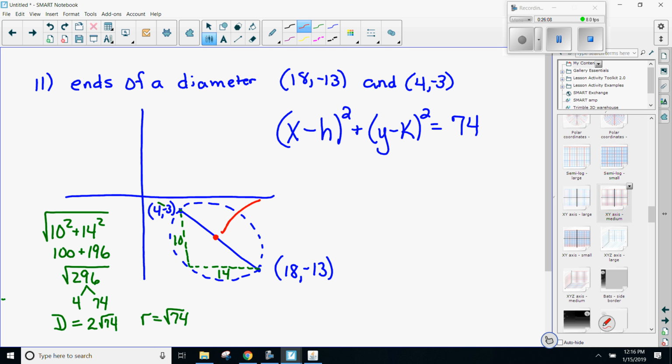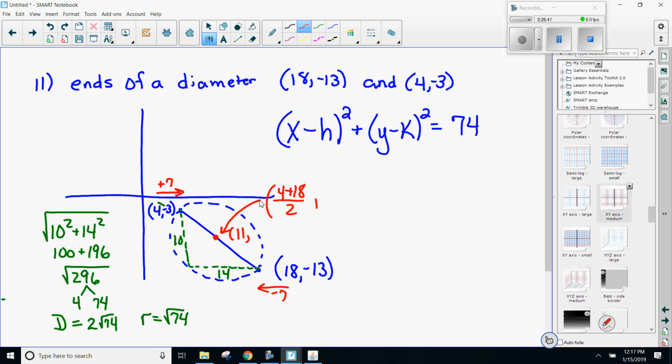To find this midpoint right here, I'm going to take 4 plus 18 and divide by 2. Isaiah said something about 7. The distance is 7, but it's 7 this way from 4. So you're going to add 7 to 4, or subtract 7 from 18, which either way gives you 11. If I add these two together, I get 22 divided by 2, which is 11. So the x of my center is 11.